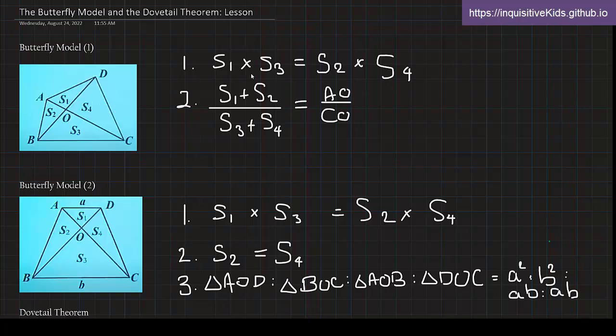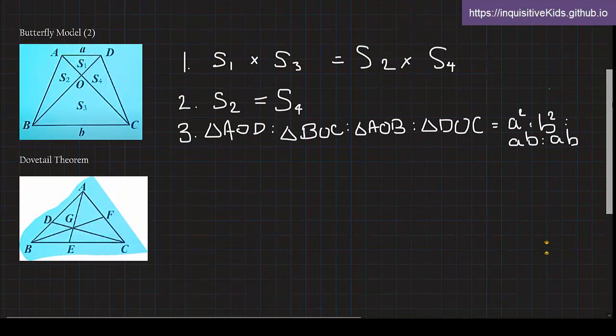So what I want to tell you is S1 times S3 is equal to S2 times S4. And the ratio of S1 plus S2 to S3 plus S4 is equal to the ratio of AO to OC. Won't spend any time trying to prove those because in the previous lesson I have.